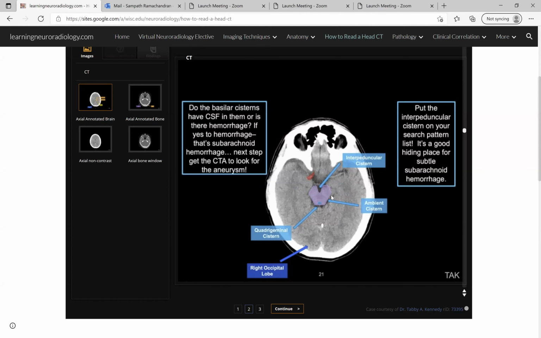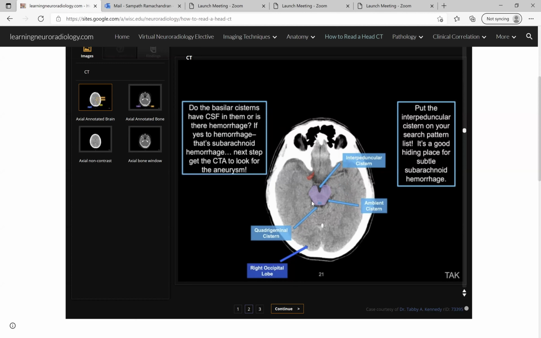So here we are going up again, and you can see some of the structures we talk about. These are called the basal cisterns. These are just collections of CSF at the base of the brain, and you need to look at these quite carefully.